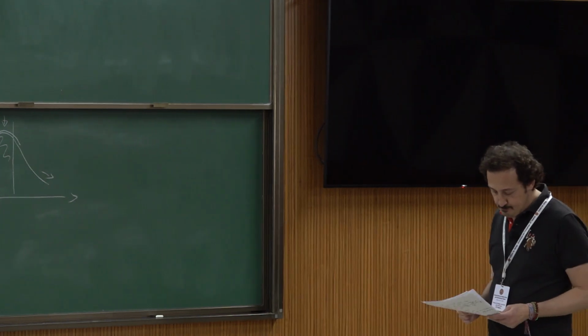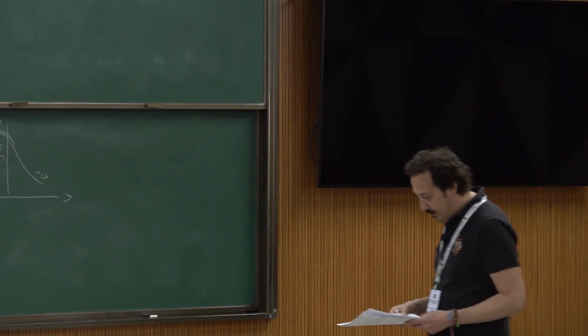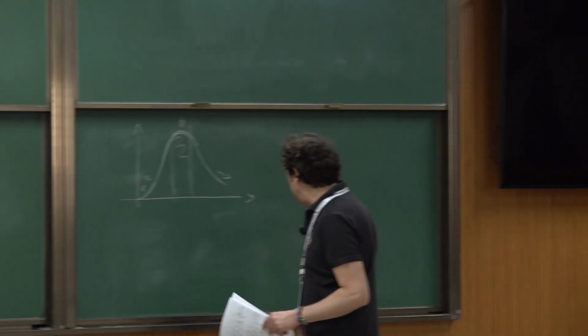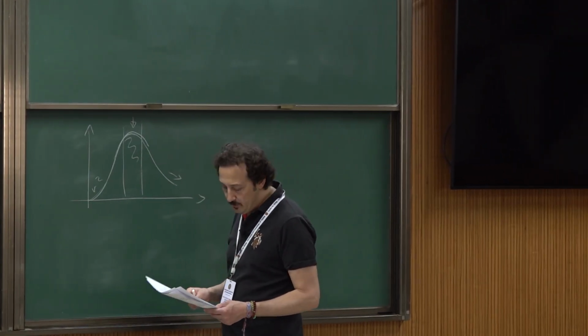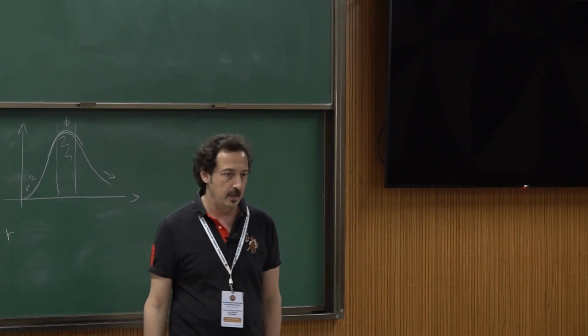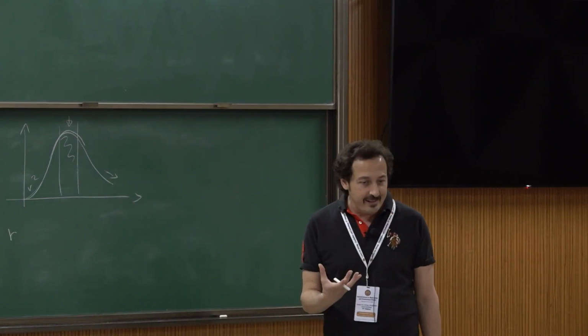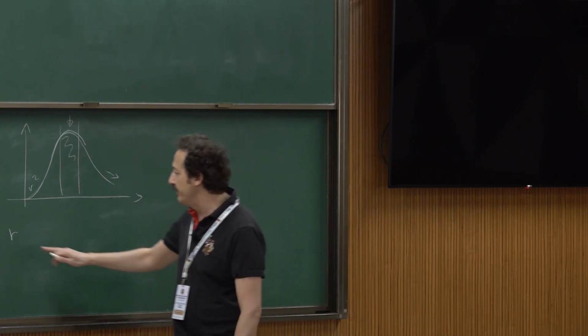Now, for reasons that are going to be clearer later on, instead of using the coordinate R, let me use the area radius coordinate. Almost, because I'm removing the scale factor.